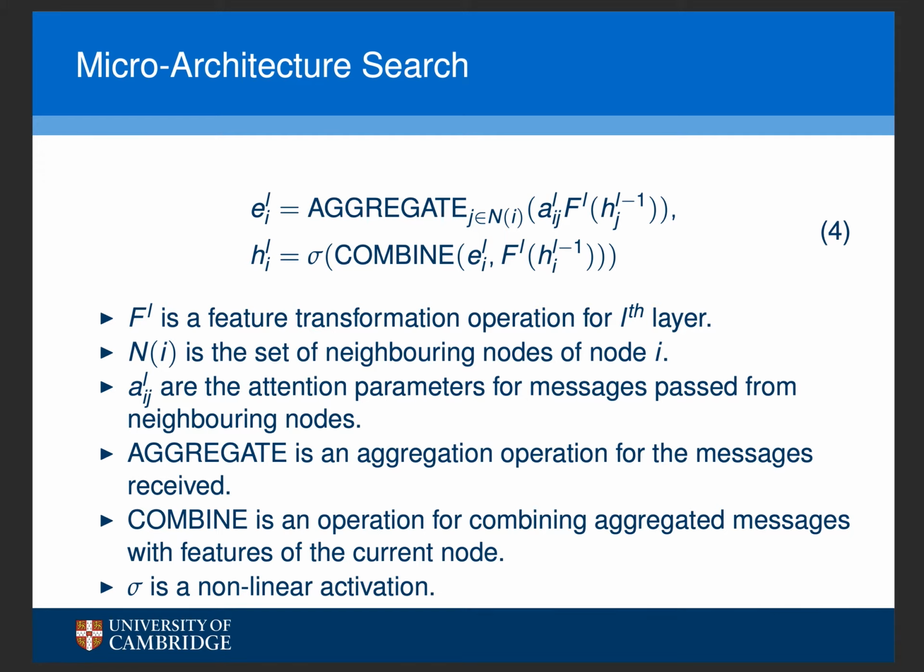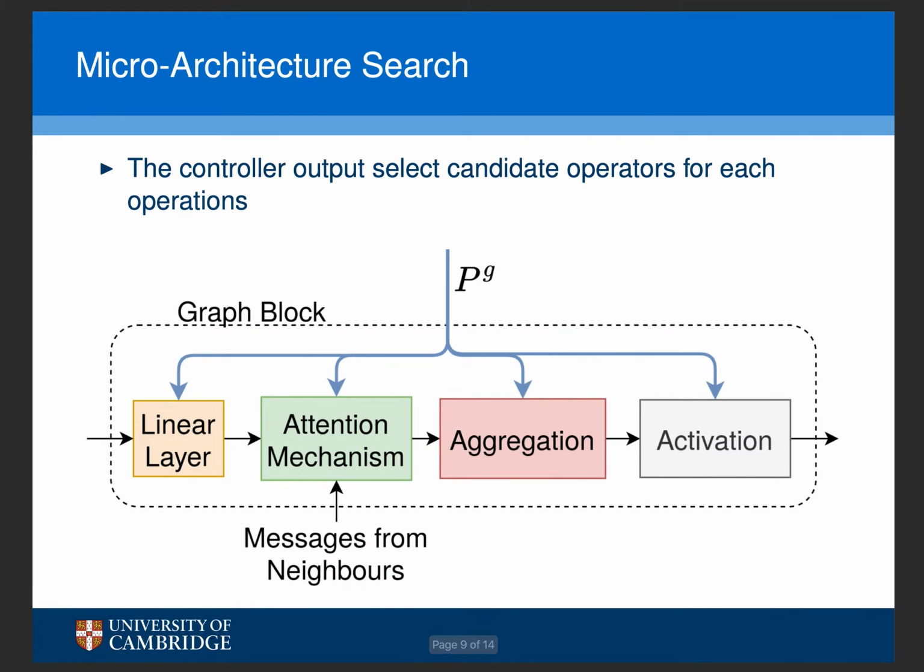Those attention mechanisms are also searchable components. Then we have an aggregation and also a combination, meaning how you combine those aggregated messages. This can be a maximization or taking the mean of all those collected information, so this is also a searchable component. At the end, we have the searchable nonlinear transformation, which is the activation function.